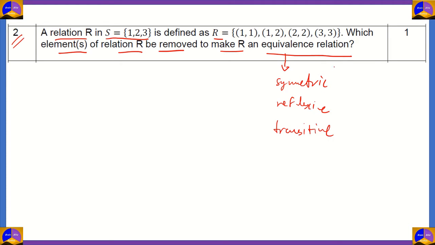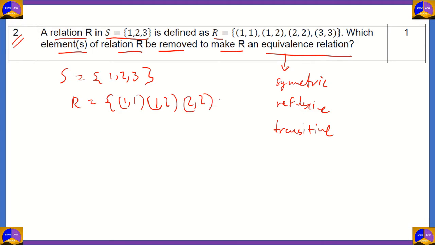Now, when a relation is purely symmetric, and there is no way we can prove that it's reflexive or transitive, then we can also say that it's an equivalence relation as well. So in this particular case, S is the set {1, 2, 3}, and R is the relation {(1, 1), (1, 2), (2, 2), (3, 3)}.